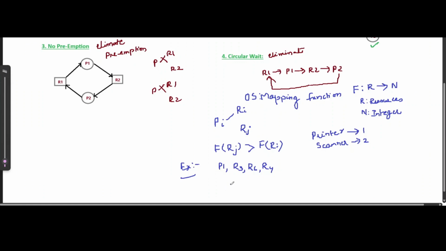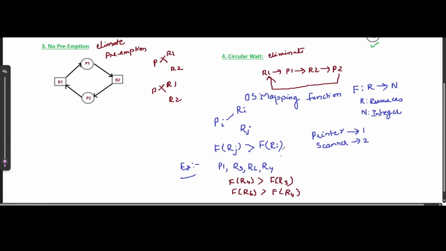F of R4 is greater than F of R3, so R4 can be requested after R3. Also, F of R6 is greater than F of R4, which means we can request the resource R6 after R4. I hope you all are clear with this one.